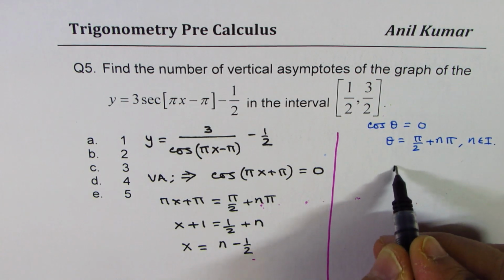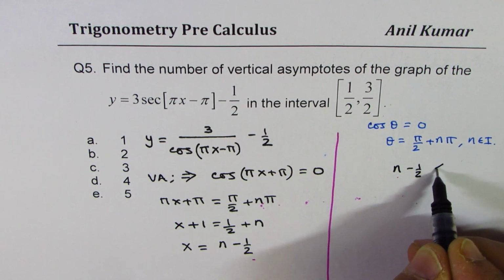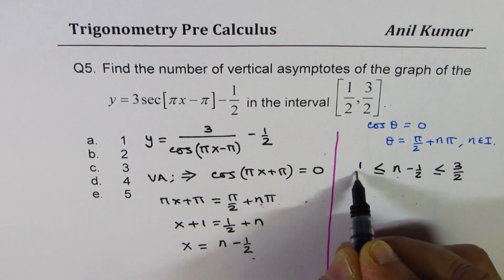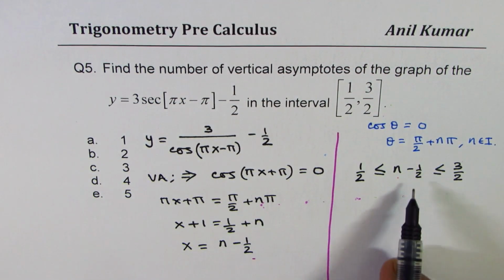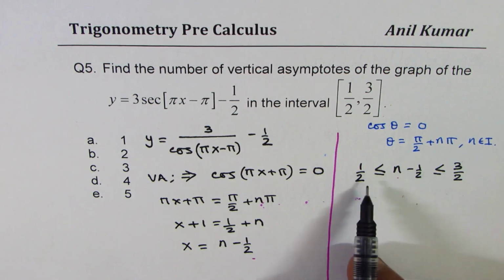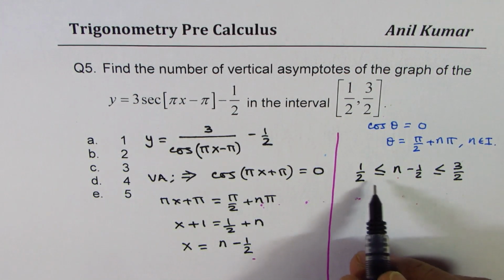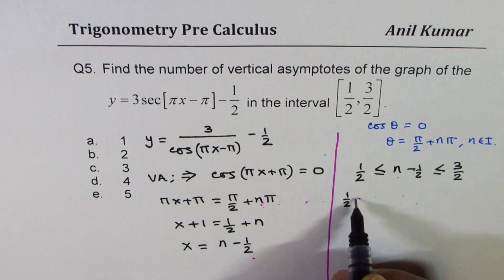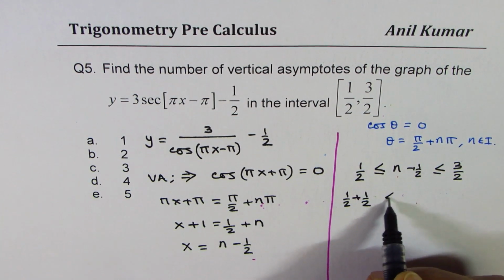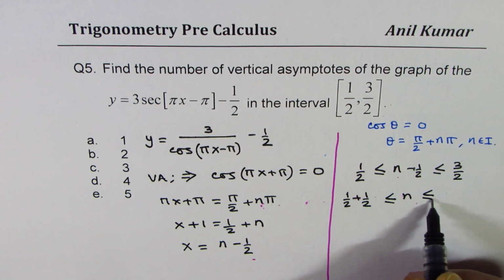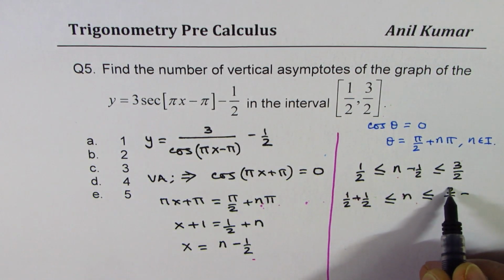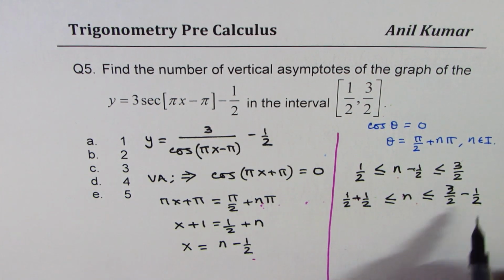That is, n minus half should be less than or equal to 3 by 2 but greater than or equal to half. Let us add half to get rid of this fraction. So we have half plus half is less than or equal to n, which is less than or equal to 3 by 2 plus half.